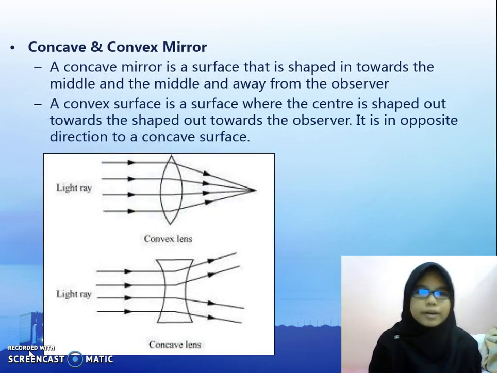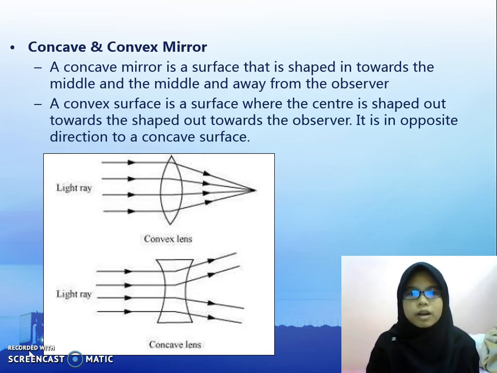Concave and convex mirror. A concave surface is a surface that is shifted in toward the middle and away from the observer, while a convex surface is a surface where the center is shaped out towards the observer. It is in the opposite direction to a concave surface.